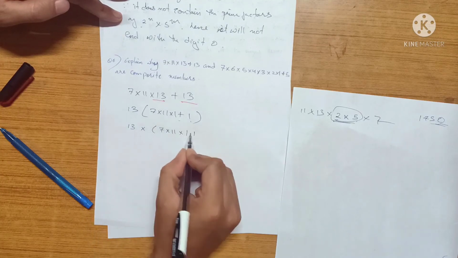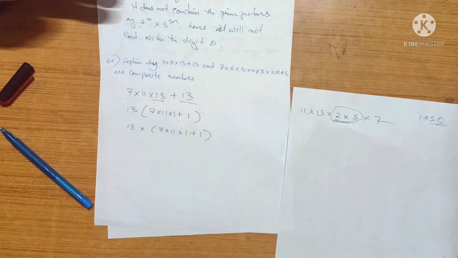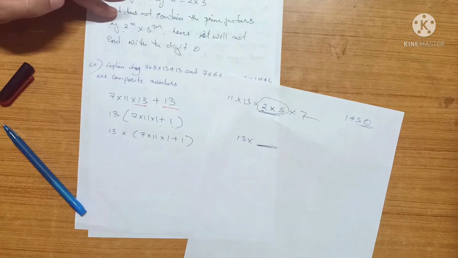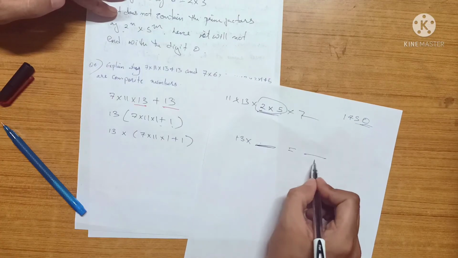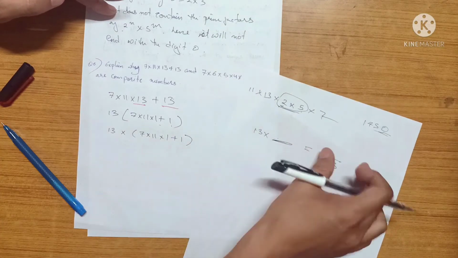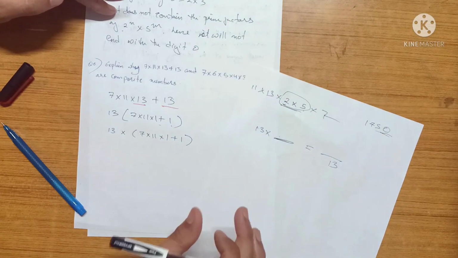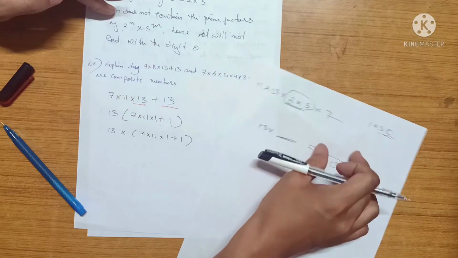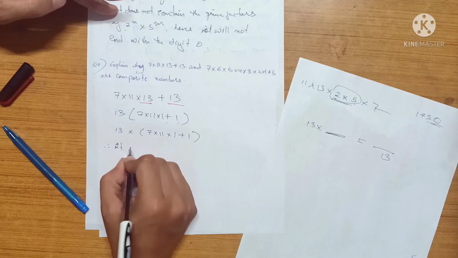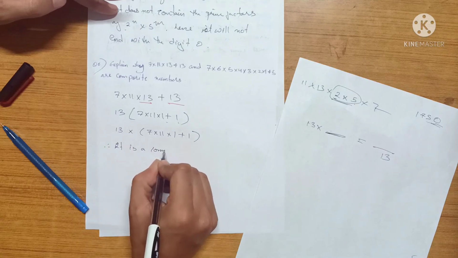If I multiply 13 with anything at all, whatever the result is, it will be in the timetable of 13, so I can divide it by 13. Therefore, it is a composite number.